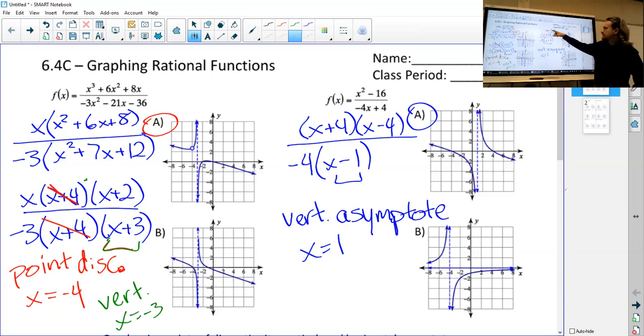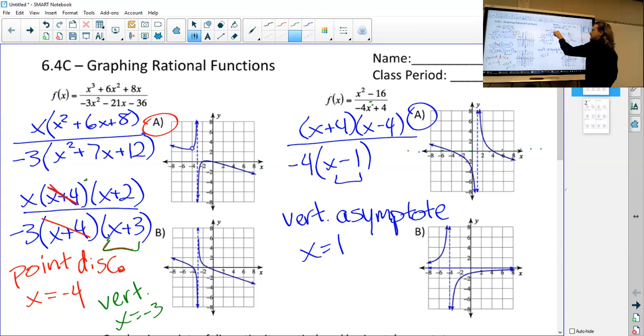So remember, if the higher degree is in the numerator, then there is none, right? We don't see any horizontal asymptotes here. If the higher degree was on the bottom, right? So if this was 4x to the third, then your whole graph would look different, but you would have your horizontal asymptote at y equals 0.